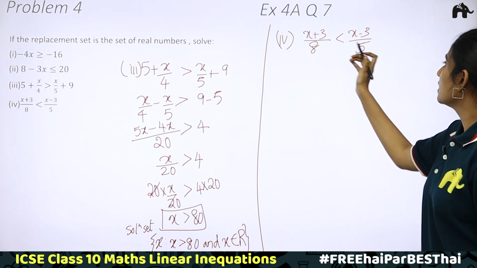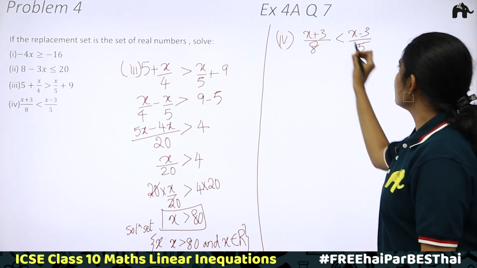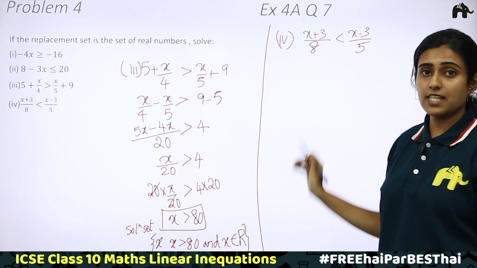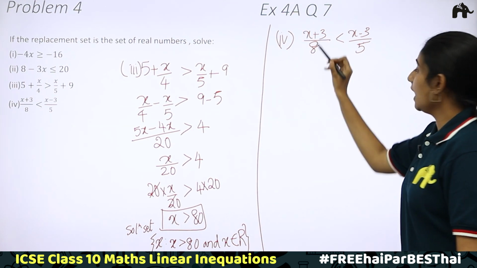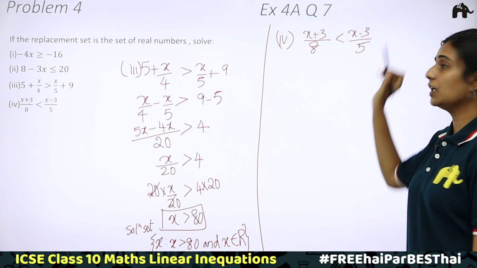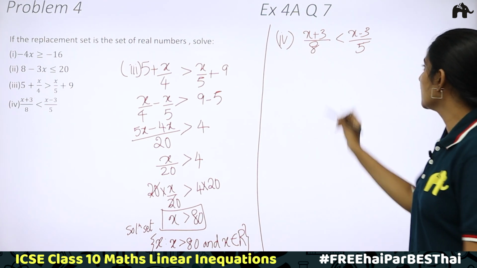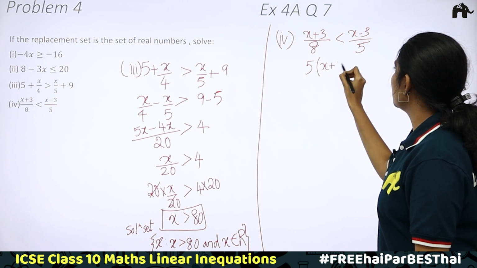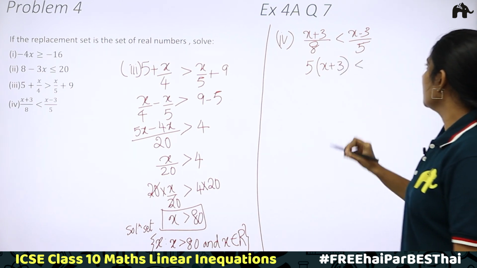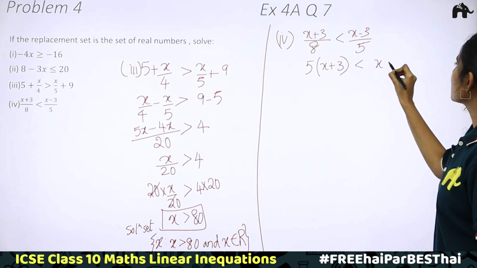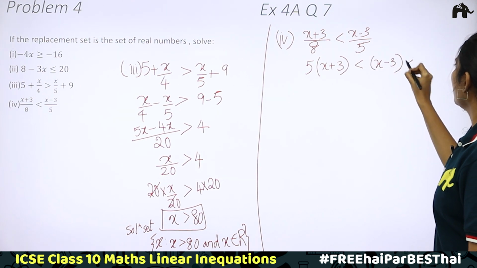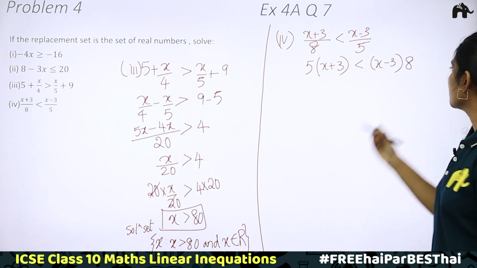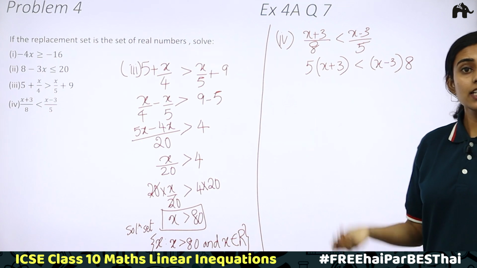We'll be taking this 5 to the opposite side as a numerator and 8 to the opposite side as a numerator. Clear? That is 5 into x plus 3 less than 8 into x minus 3. Okay. Removing brackets.